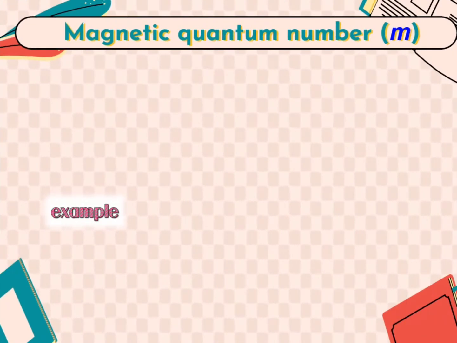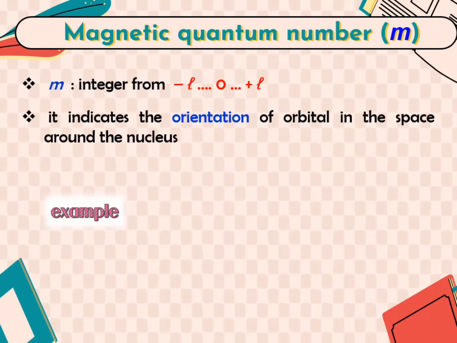Okay guys, next we look at magnetic quantum number. Ni you duduk bilik mana kan? Ada berapa banyak bilik? Okay. So m is an integer from negative l, 0, positive l. Macam mana ni? It's okay, later I will teach you. It indicates the orientation of orbital in the space around the nucleus.